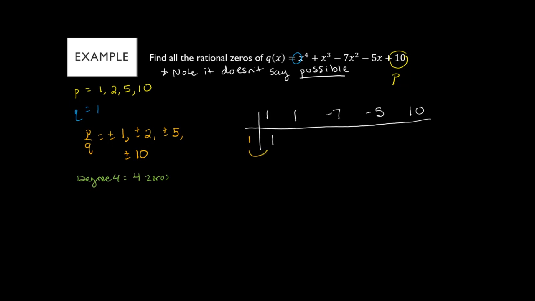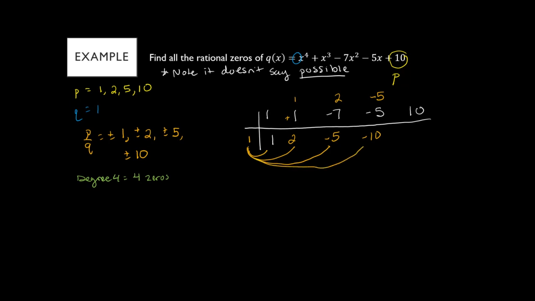So you multiply 1 times 1 is 1, and then you add going down. 1 plus 1 is 2. Then I multiply 1 times 2 is 2. 2 minus 7 is -5. 1 times -5 is -5. -5 minus 5 is -10.